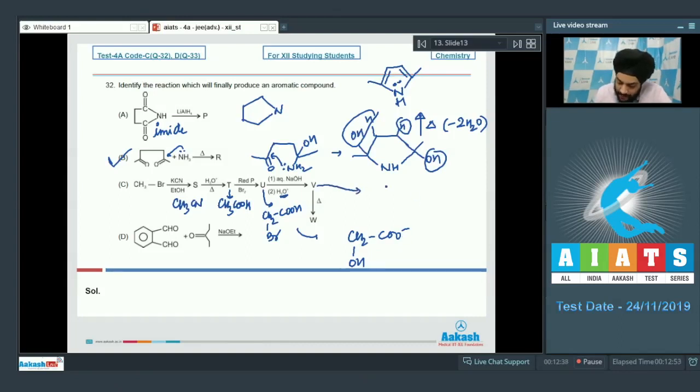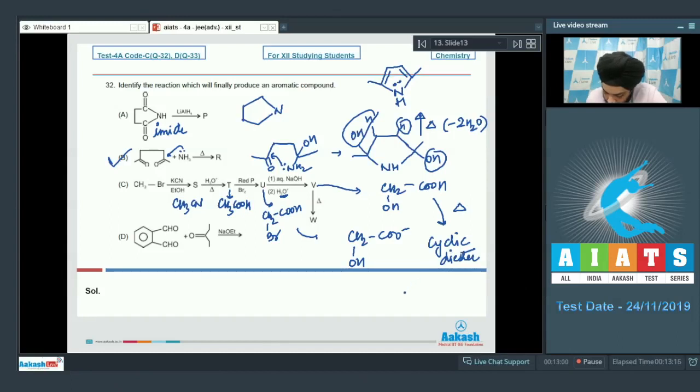Okay, so if we talk about the compound V, the compound V is CH2OH COOH, and now students, when it is heated, so this is an alpha hydroxy acid. So we know that when the alpha hydroxy acid is heated, it is going to lead to the formation of a cyclic diester or the lactide.